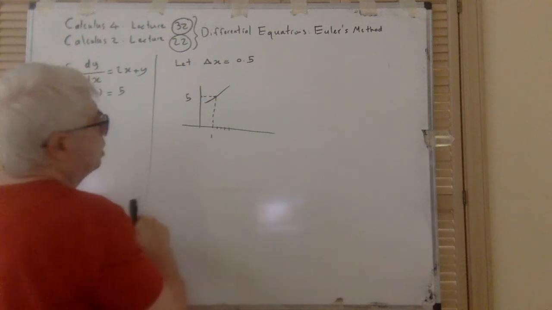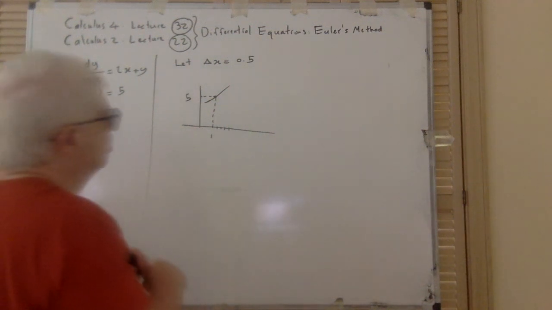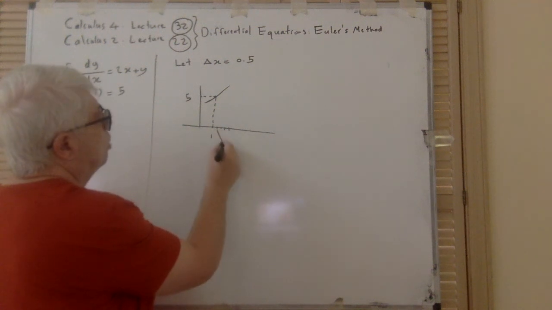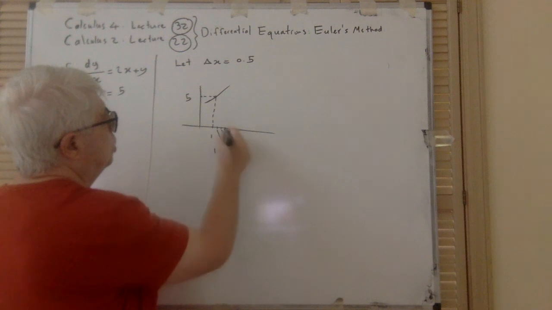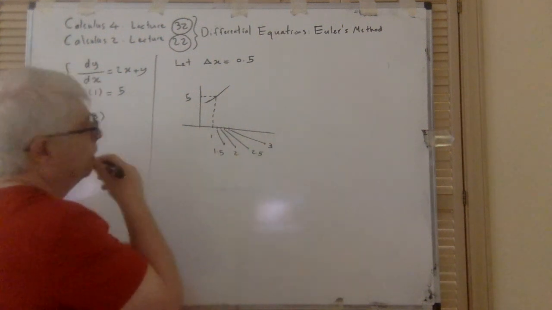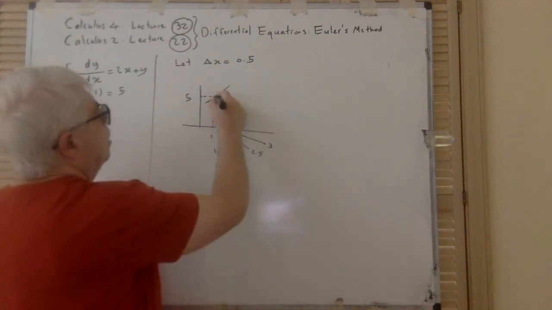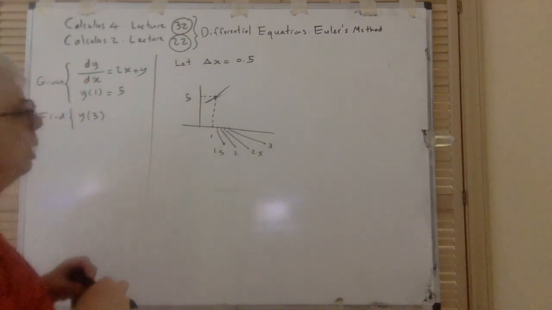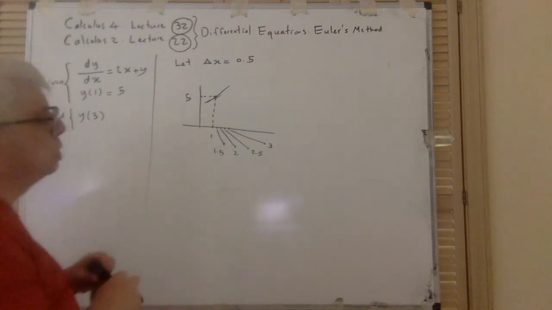So delta x for me is 0.5, so I jump from 1 to 1.5, then 2, then 2.5, at the end it's 3. And I start with this and then continue the way that I described and find the value using those tangent lines.